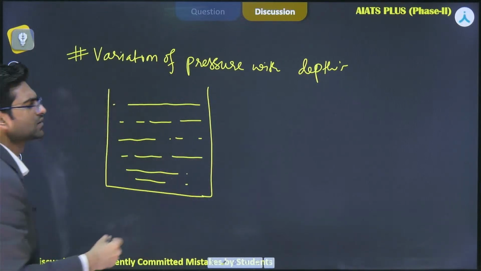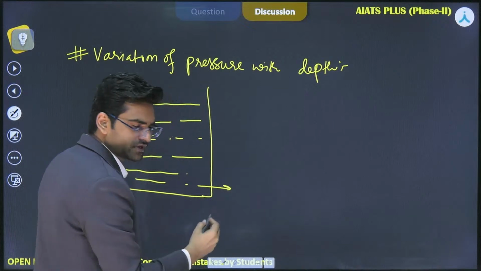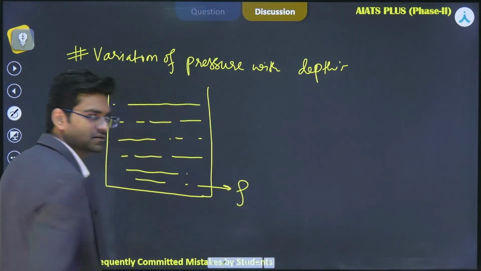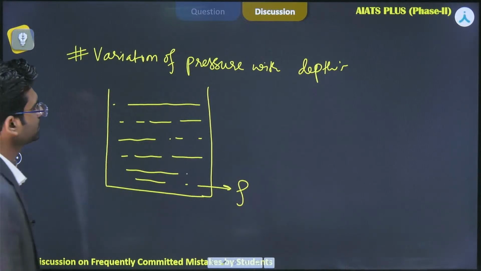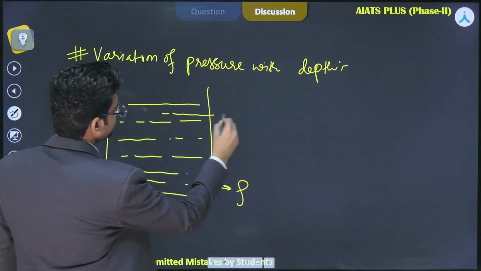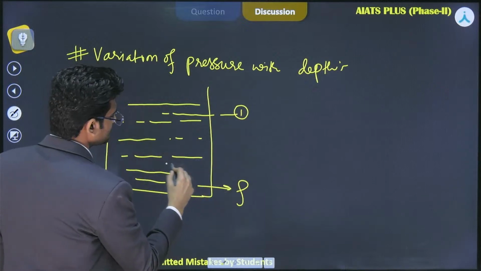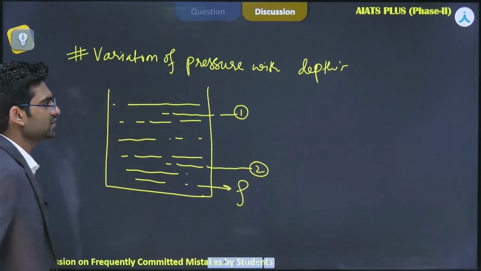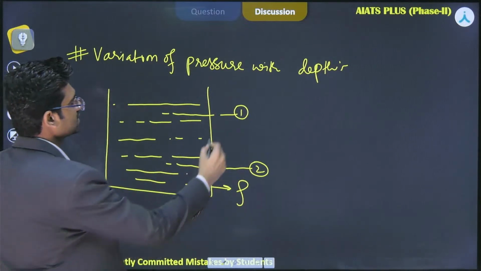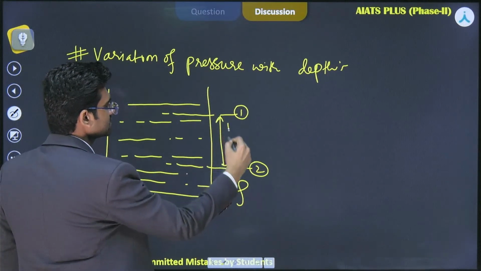This is liquid, and the property of liquid which we have to use here is its density. So this is density rho. Now let's say this is level 1, this is some level 2, and the distance between them is, let's say, small h.